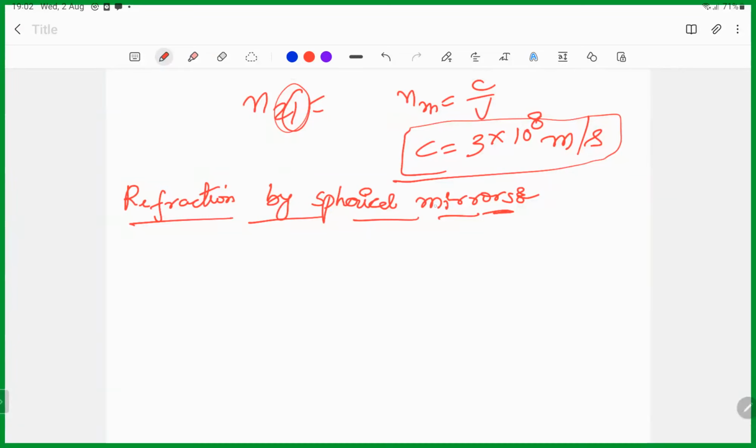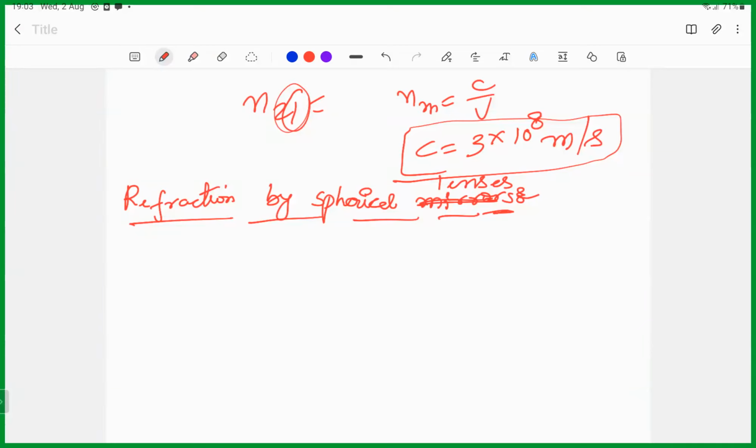These are all spherical lenses only. That's why we have the two types, one spherical and the other cylindrical. Cylindrical is different. We are concentrating only on spherical lenses.